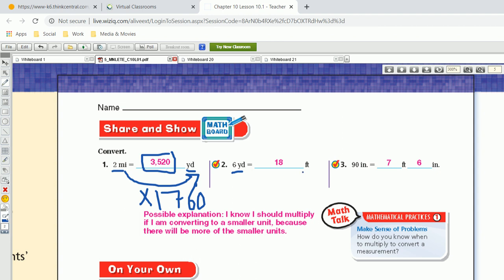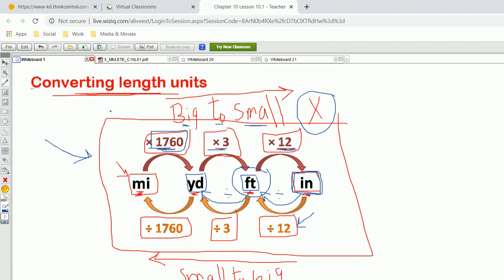6 yards, how many feet? 6 yards equals how many feet? Firstly, is yard greater than or smaller than feet? Yes, greater than. So we're going to multiply, because we are converting from yards to feet. We multiply by what?